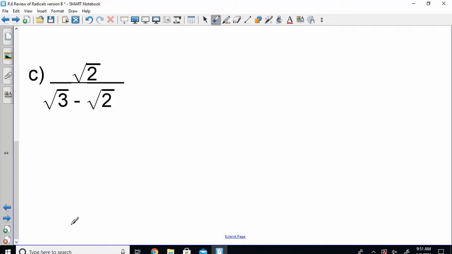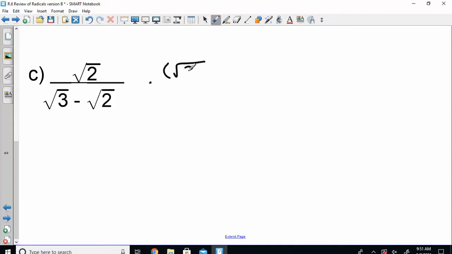These things aren't just multiplied together like the last problem. When you have that addition or subtraction, there's more than one term. Do you guys remember what we did then? Multiplied by the same thing, but plus 1. Yeah, very good.